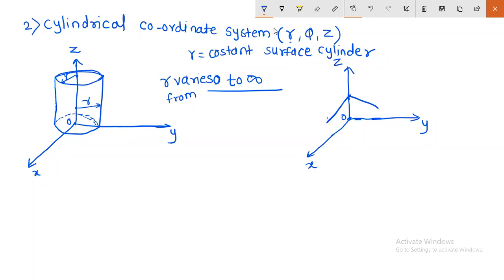This is your angle phi, and at every point on the z-axis you can measure that angle.